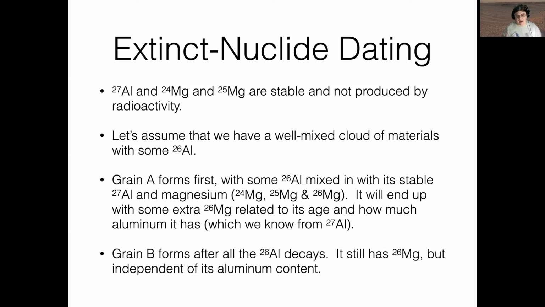The more aluminum it started with, the more aluminum-26 it would have started with, so the more extra magnesium-26 it had. This would tell us something of the age of the meteorite relative to when the aluminum-26 was introduced to the solar system. How long had it been solid before all the aluminum decayed? In particular, the important thing is that the parts of the meteorite that are aluminum rich will have more magnesium-26 than the parts of the meteorite that aren't.